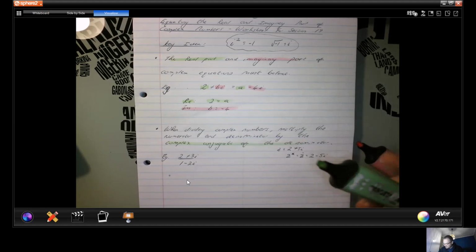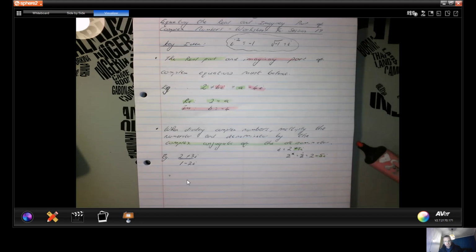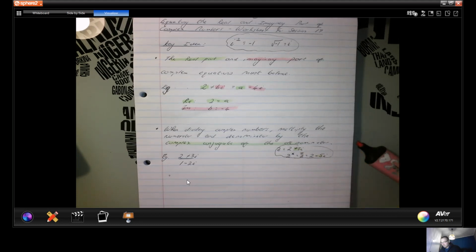Basically, you're simply changing the sign of the imaginary part. And you're going to multiply the top and the bottom by the complex conjugate of the denominator. So try this on your own, see if you remember.